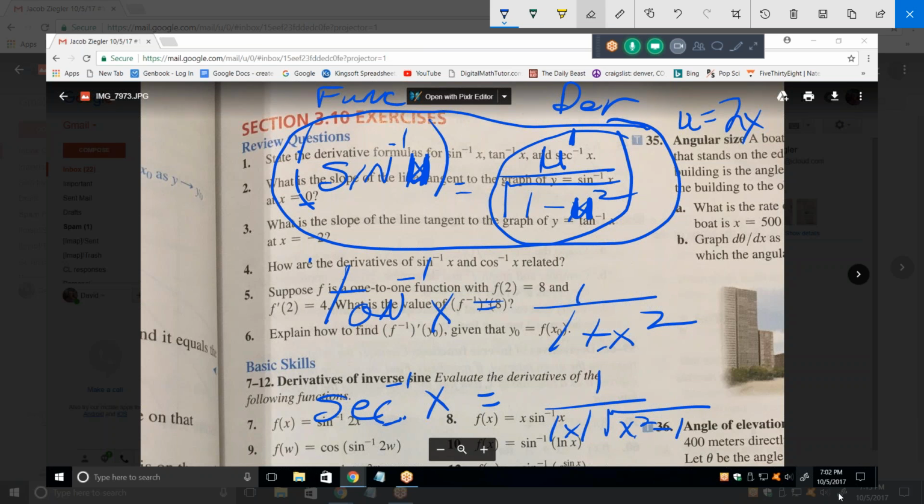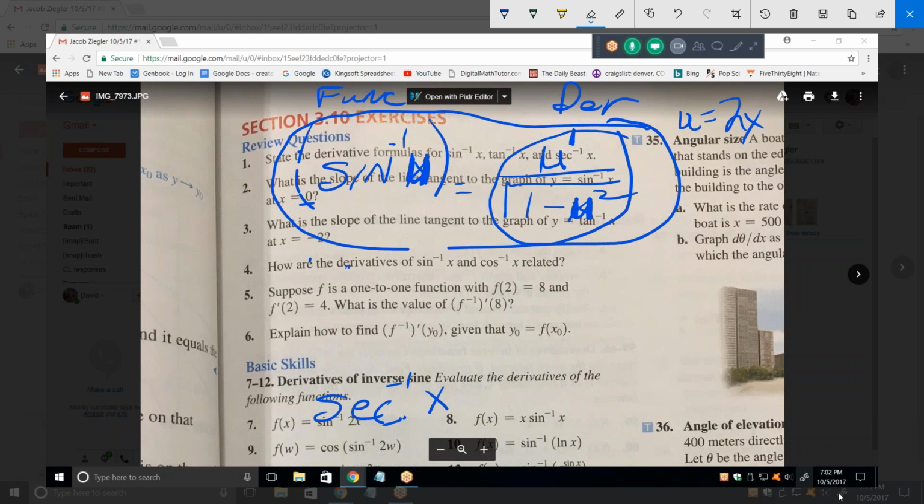In fact, let me erase the tangent, and we're going to work off of just the sine for the moment, because they give you several questions here that are just derivatives of inverse sine. Now, the reason I switched x for u is in case it's something more complicated than x.